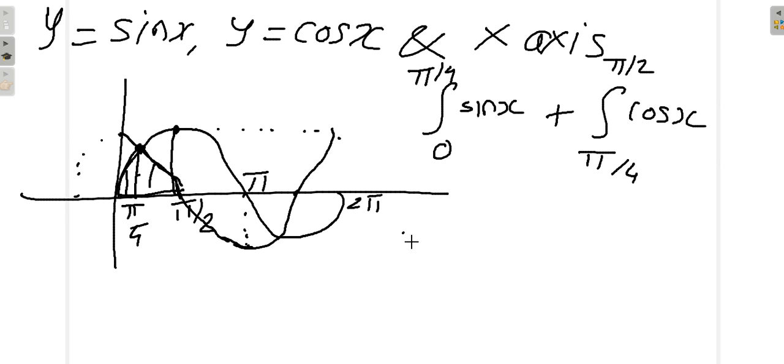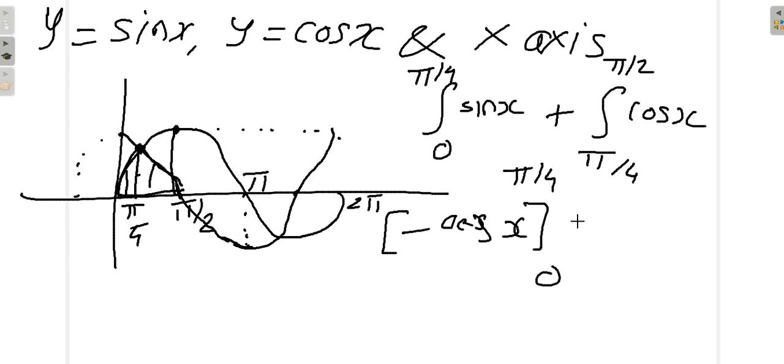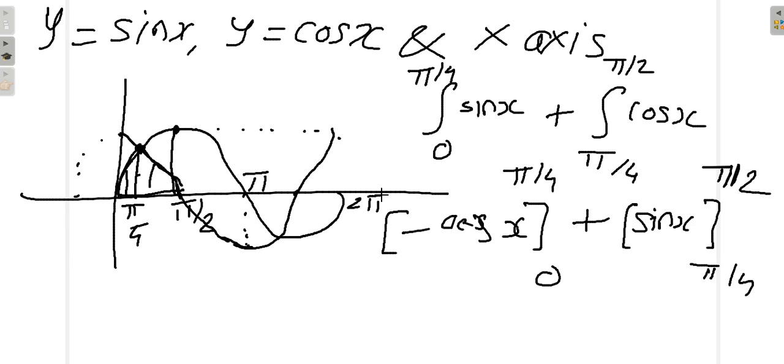Now integration of sin x is minus cos x. Integration of cos x is sin x. Cos pi by 4 is 1 by root 2.